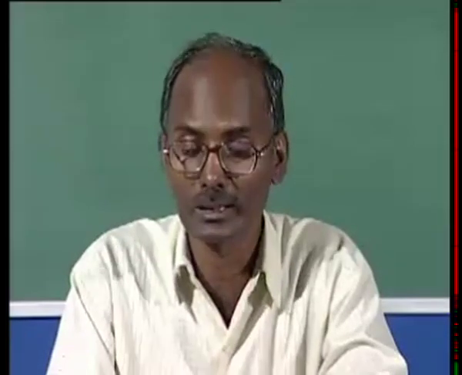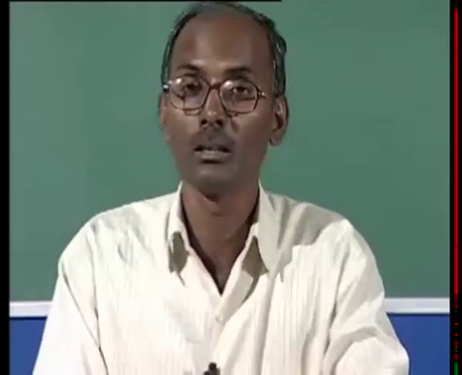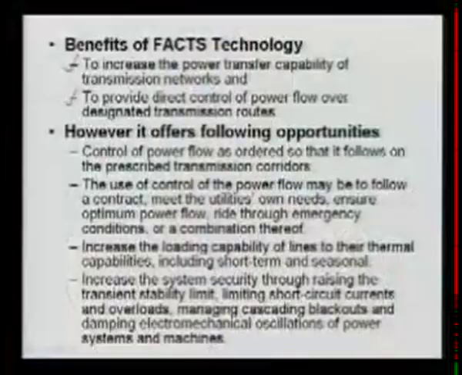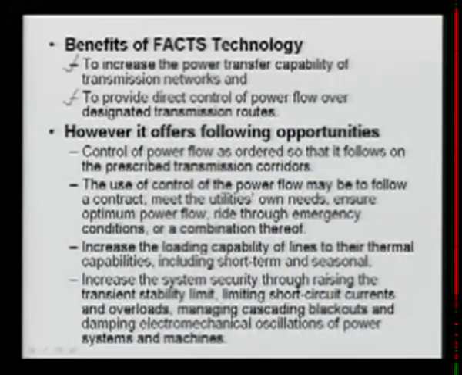It can control the quantity of another line, another designated route or corridor, and therefore we can improve the power system performance accordingly. So with these two major benefits, it will increase the power transfer capability of the network, and you can control the power flow over any designated route.